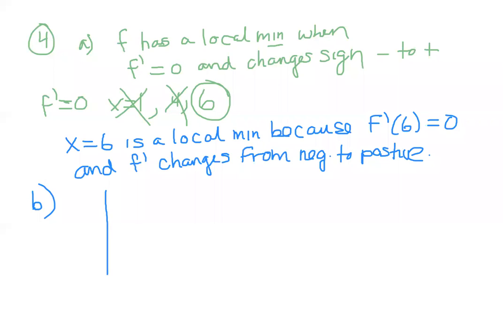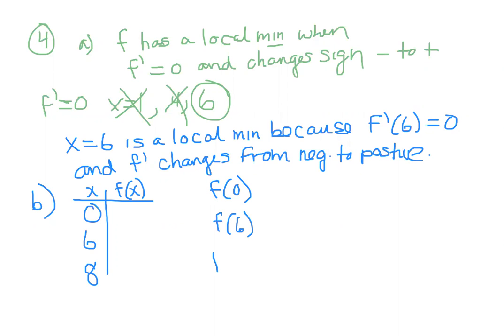If we made our little chart, it's either going to be at 0 or 8 or at 6. So we have to find f of 0, f of 6, and f of 8.